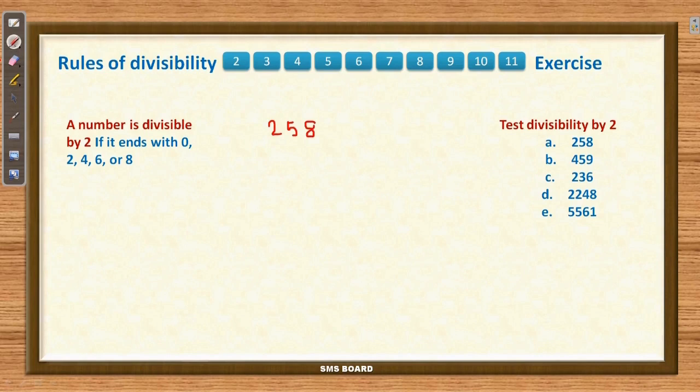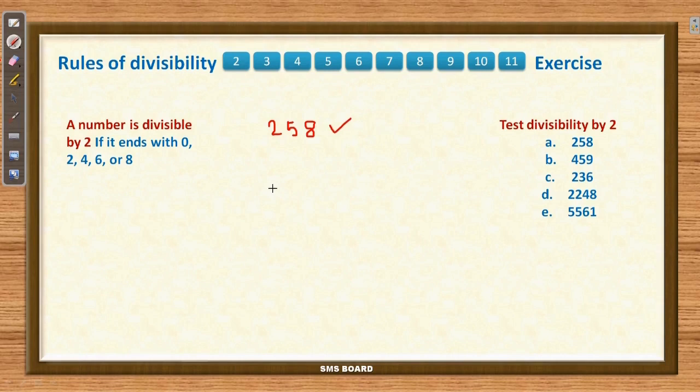By rule, a number is divisible by 2 if it ends with 0, 2, 4, 6 or 8. Here this number is ending with 8. So definitely by this rule, this number is divisible by 2.